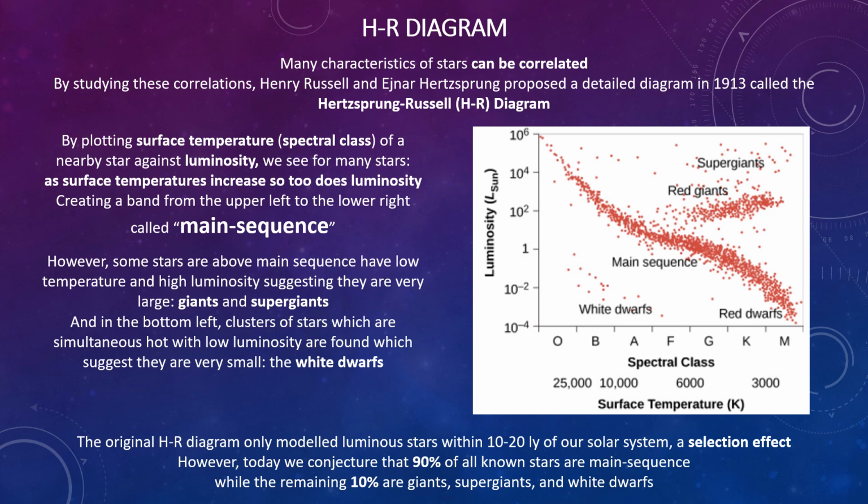And then we can see that there are more red giants than there are supergiants, both of which lie above the main sequence. So supergiants are incredibly rare, but they are the largest and the brightest. And then we also have the white dwarfs, and then we have the red dwarfs, which are the lowest and coolest and faintest stars.